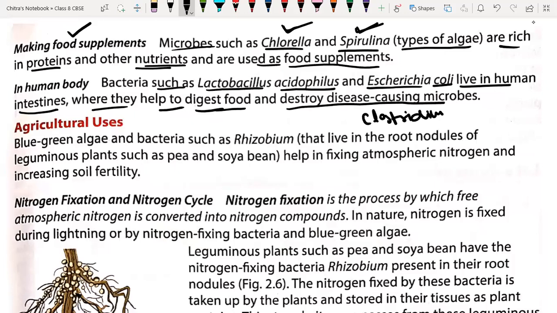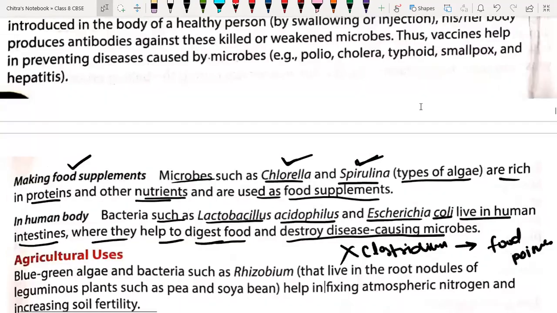Clostridium is a bacteria which causes food poisoning. Okay, so this Lactobacillus bacteria kills that Clostridium and protects us from food poisoning. So this is all about how microorganisms can be used for human welfare in medicine.